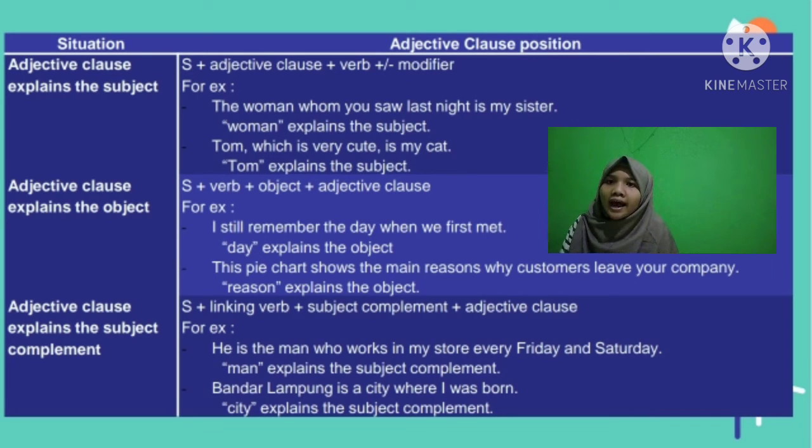The spy card is the subject, shows is the verb, the main reasons is the object, then why customers leave your company is the adjective clause, which describes the object, the main reasons. Okay, the last situation is the adjective clause explaining the subject complement.